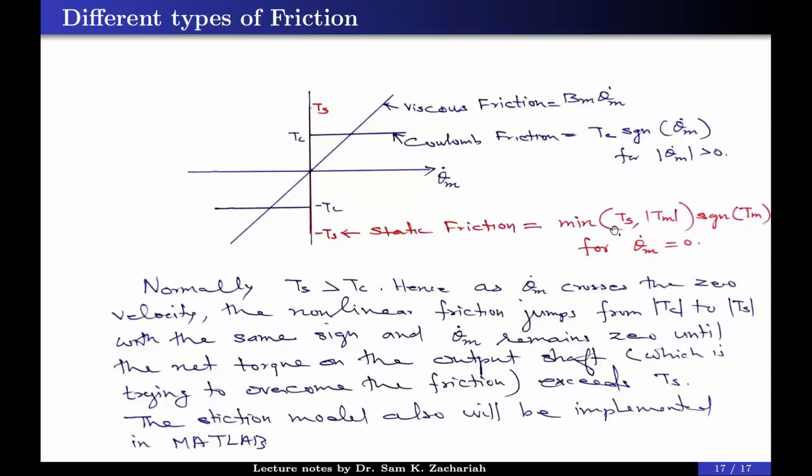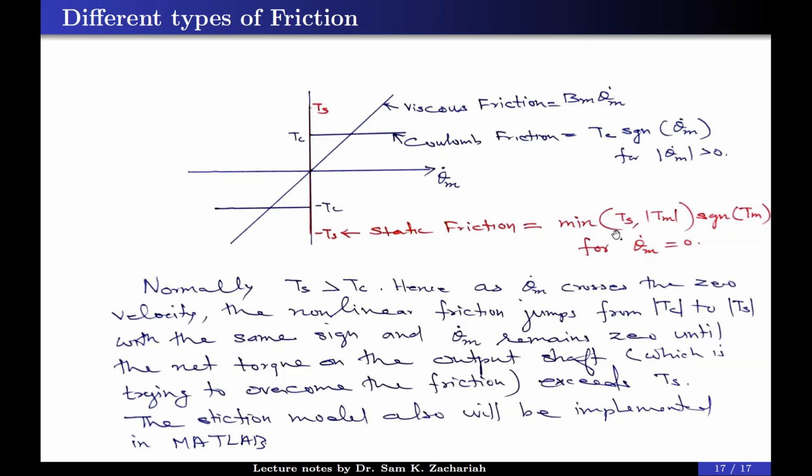But suppose you are applying only 0.5 kilogram force to pull it, then the stiction force applied by the table will be only 0.5 kilogram force. It will not apply a force of 1 kilogram force in the opposite direction while you are pulling with 0.5 kilogram force.